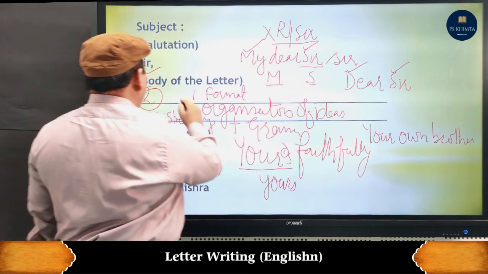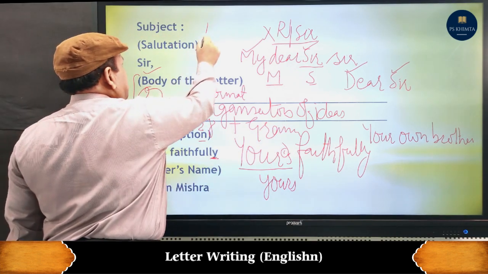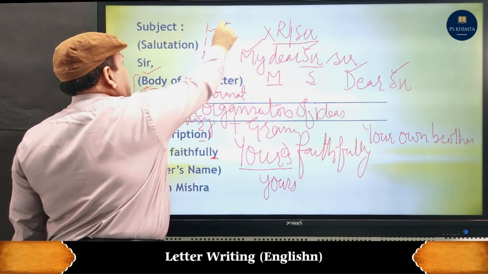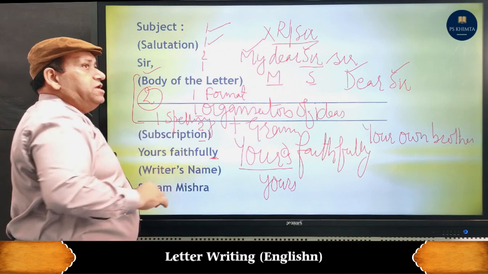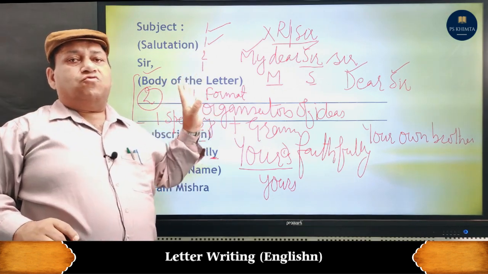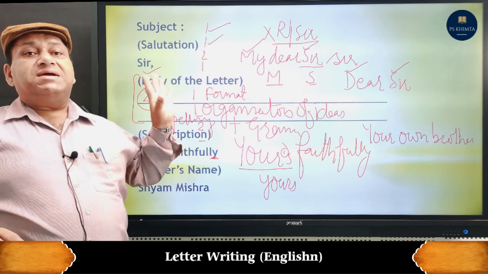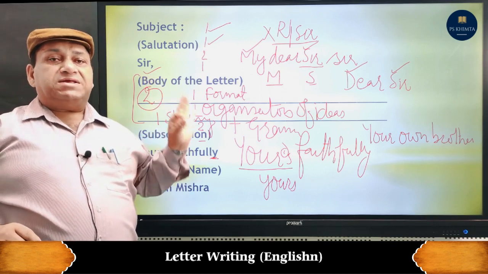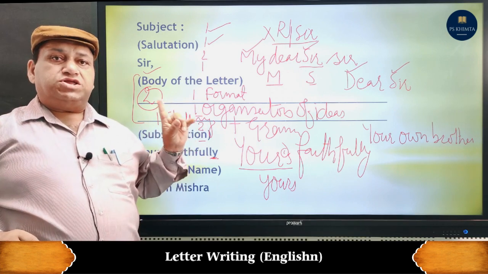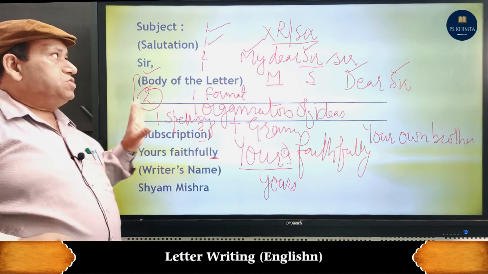So all these 5 marks: 1, then 2, then 1. This is for format, this is for organization of ideas, 2 marks for the body, and 1 mark for spelling and grammar. If your spellings are wrong or grammar is wrong, then you won't get the mark. You will get 0 in place of 1.